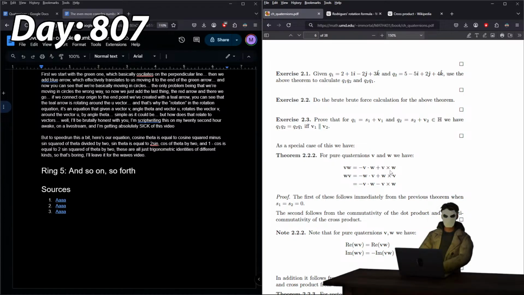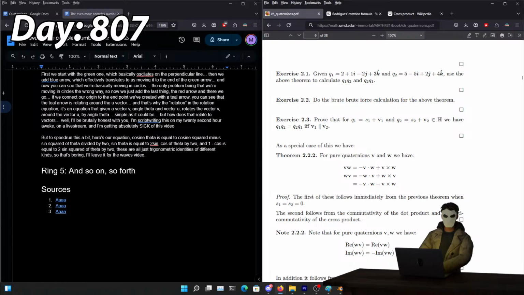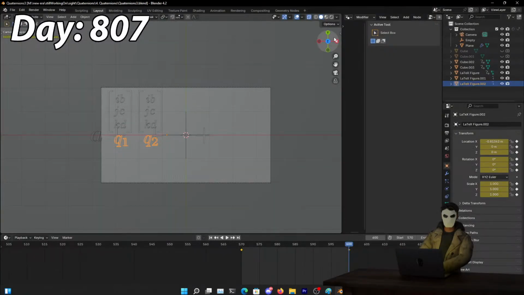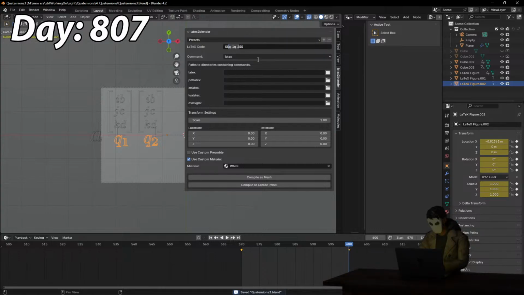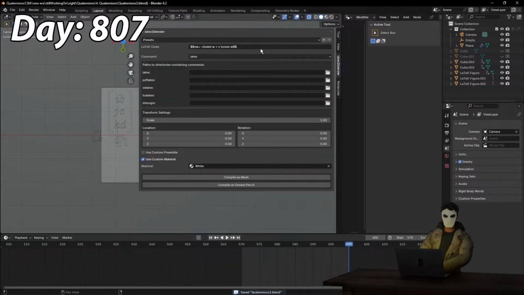Sorry about the microphone noises, I'm just tightening it up a bit. Okay. This rendered now, negative dot and then cross. So there's no cross there. You've lied to me.